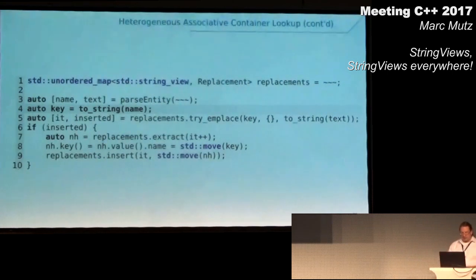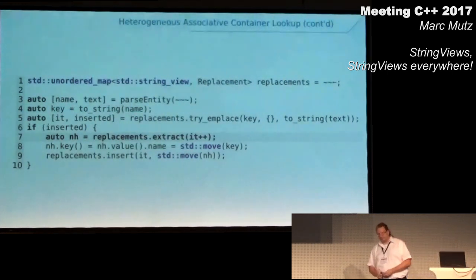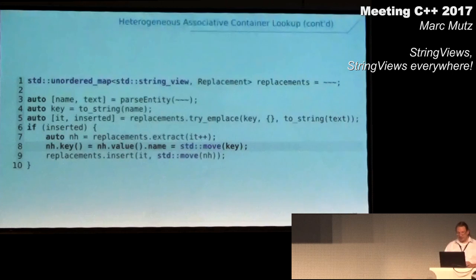And luckily in C++17 we have now an API to fix up the key without reinserting or without reconstructing the node. And so we extract the node from the map, making sure not to invalidate the iterator or keeping a copy of the iterator around that is not going to be invalidated. That's what the ++ is for. Then we have a node handle, and we can set its value's name to key.